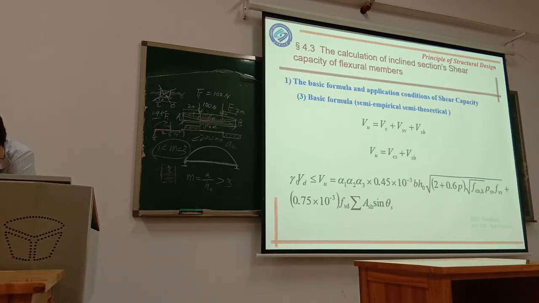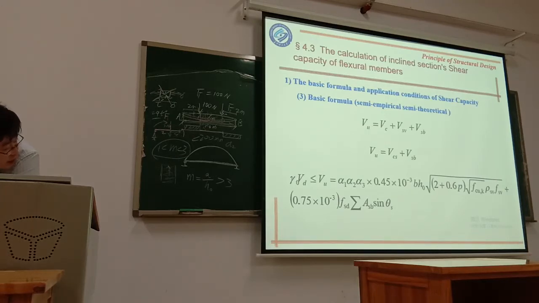B is the width for the rectangular section, or the web width for the T section or I section. H0 is the effective depth or effective height, that we all know. And rho is the longitudinal reinforcement ratio.